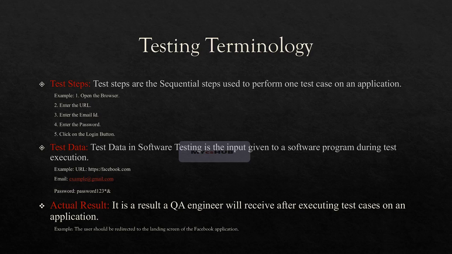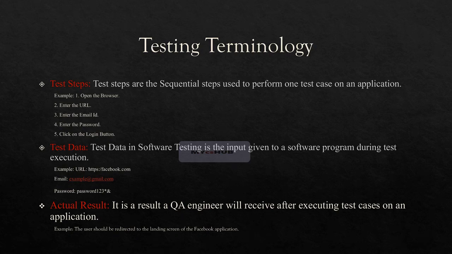To test the login functionality, we require the URL, the email ID, and the password. So it should be sent from the input field, from the UI of the login page. So to test this functionality, these are a few test data.